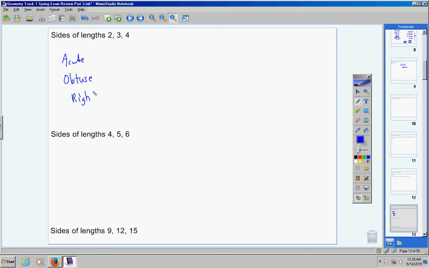Okay? And you say, well, how do we do that? I'm going to show you right now. So if I give you the 3 sides of a triangle and tell you to tell me whether you have an acute, obtuse, or right triangle, here's what you do. You take the 2 smallest sides and pretend they're your legs.